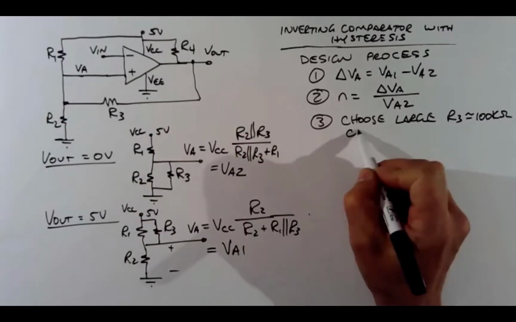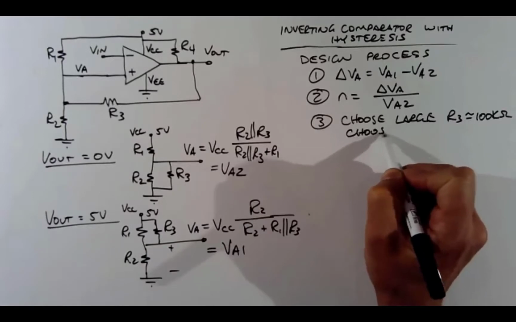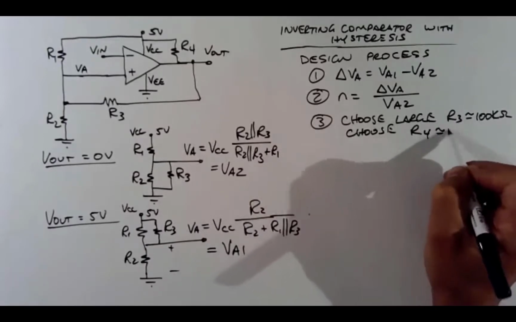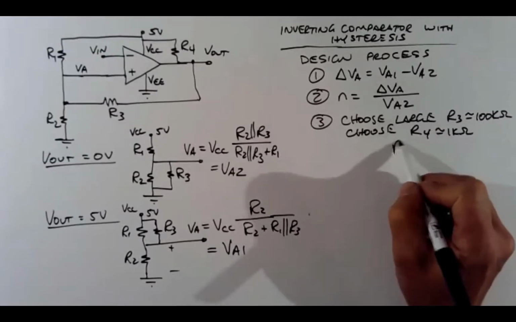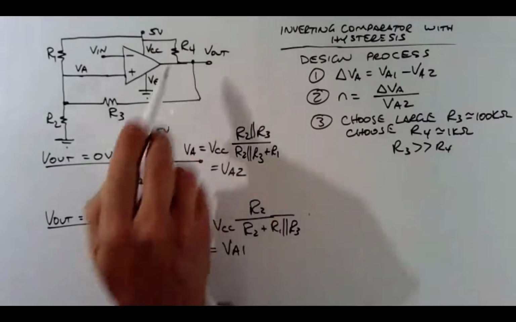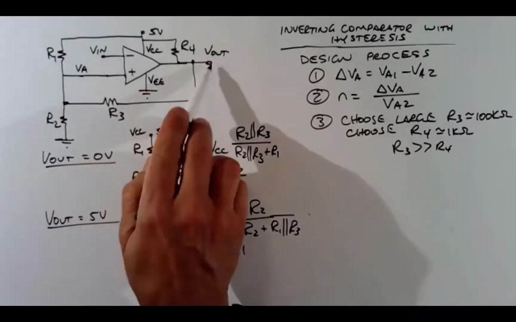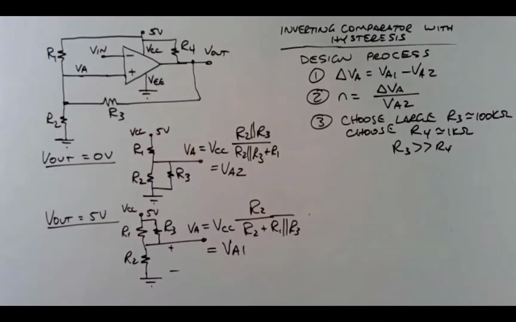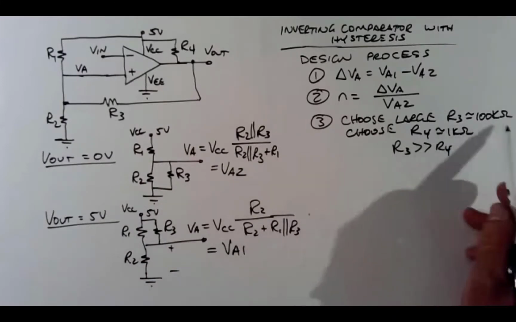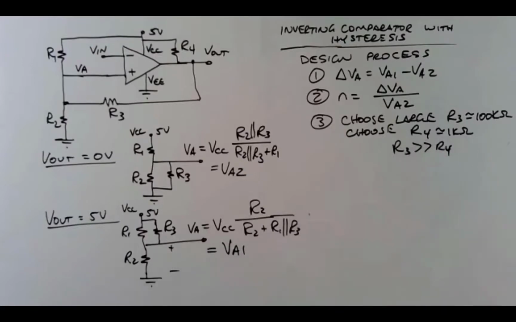And you'd also choose a reasonable R4. And I'm going to say 1 k ohm, because you want R3 much greater than R4, or you have a voltage divider over here, right? Potentially you will lower the output voltage when the op-amp intends the output to be high. So this is just a rule of thumb. Choose a big R3 in that range, a smaller R4.